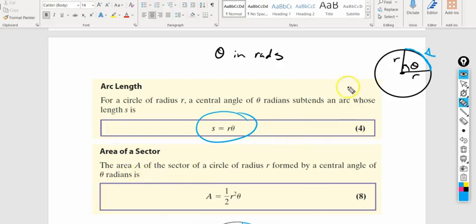Then the area of the sector is going to be what I'm coloring in red here. And it has that formula.